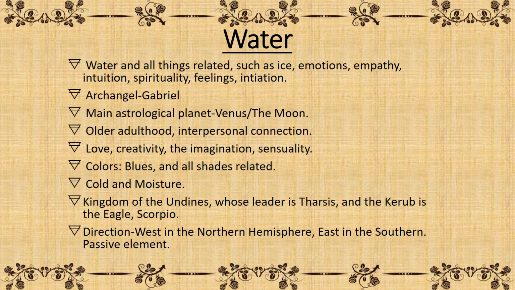But the thing that the medicine wheel does in addition to that is it also says that these four elements and these four directions line up to phases of our life. So Earth, which we were looking at earlier, is old age and eventual death. Water would be the stage right before that, older adulthood, maturity, interpersonal communication. So then fire and air also have correspondences that we'll talk about in a moment as well.